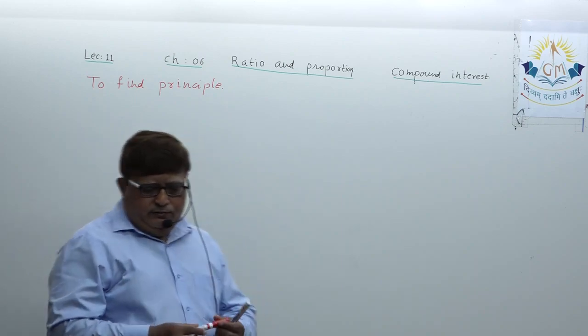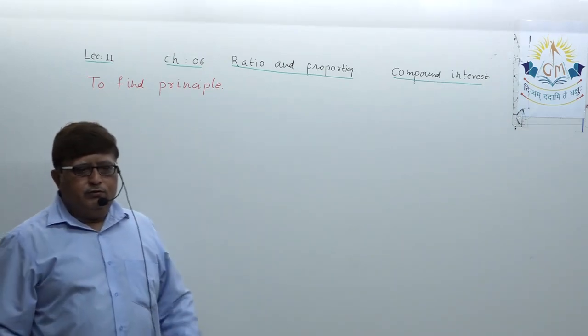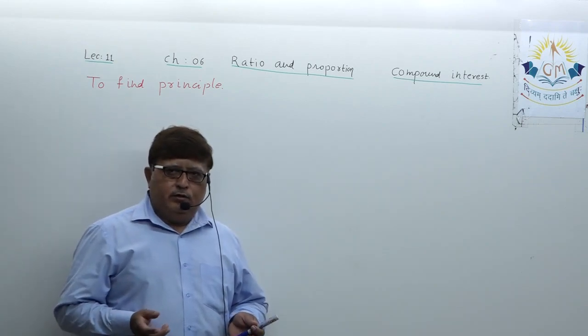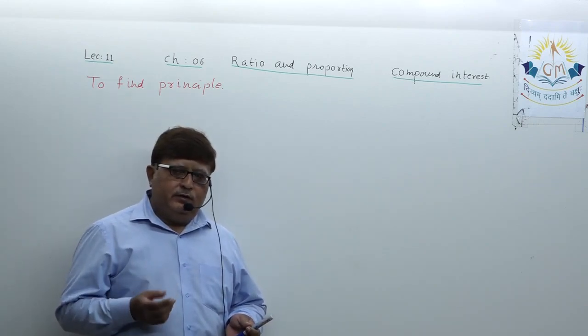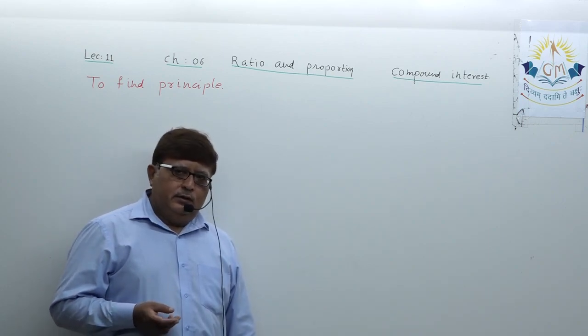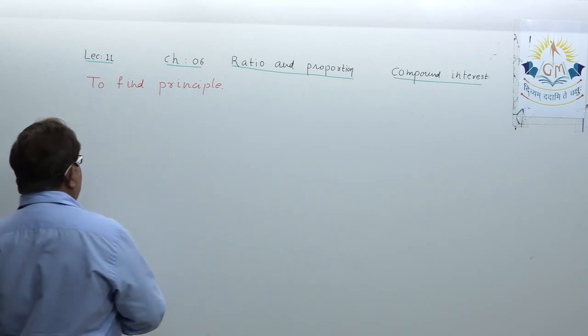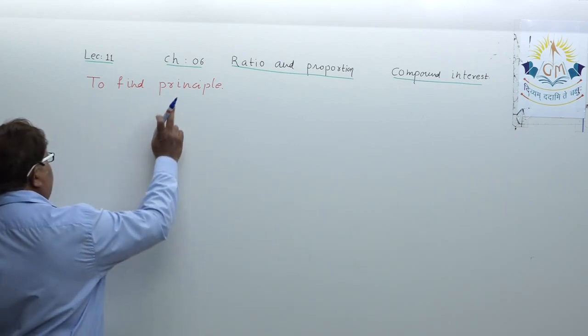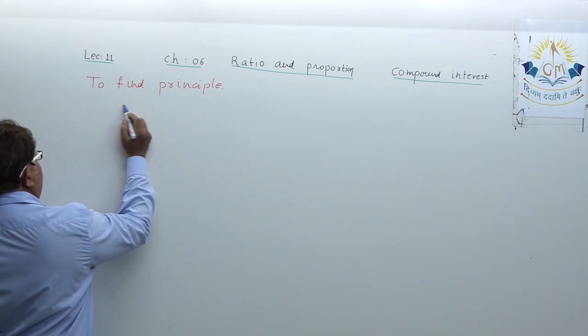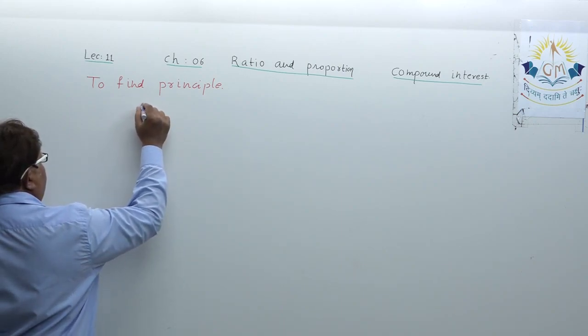In the next lecture we will have some examples to find rate of interest, and then some examples to find number of periods. But in today's lecture our target is to find only principal. Okay, let me write the first example.